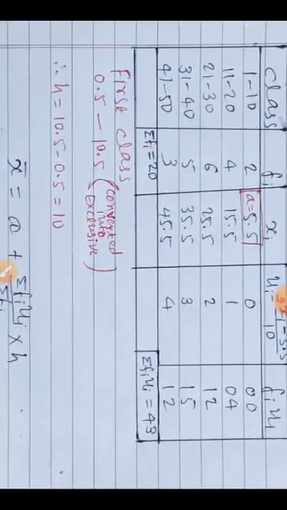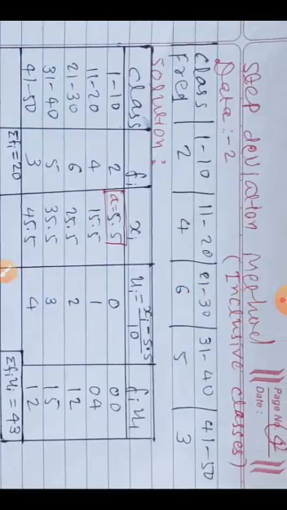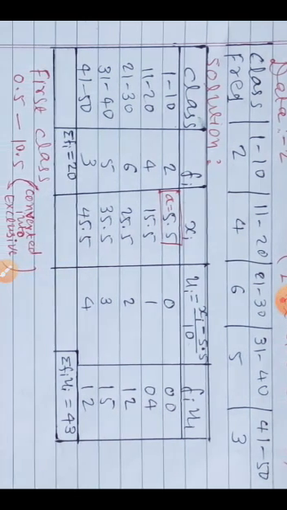Now data 2. In the direct and assumed mean methods, both days we used the same data. So today also we are using that data. Here are inclusive classes. So getting xi is the same only.